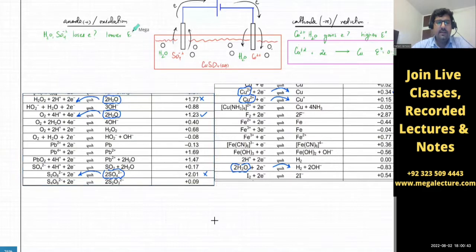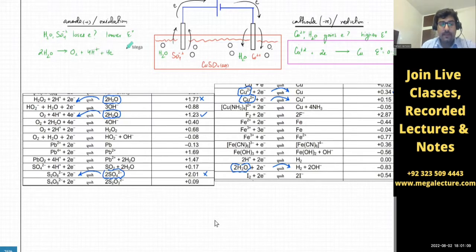So out of all these options, the one that actually ended up losing electrons is the water equation, which is 2H2O, and we have to write it backward, okay? So it's 1.23, that's O2 plus 4H plus, and you've got 4 electrons, right?